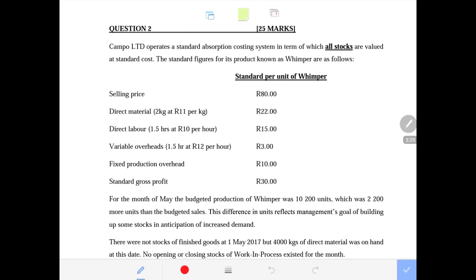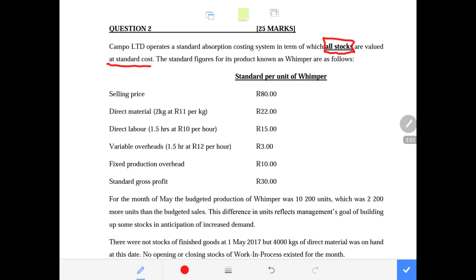And they say in terms of which all stock, not some stock, very important, and this is written in bold, all stocks or inventory are valued at standard cost, meaning when we do the budgeted income statement and the actual income statement, all of our inventory should be at standard cost, not at actual versus the standard.